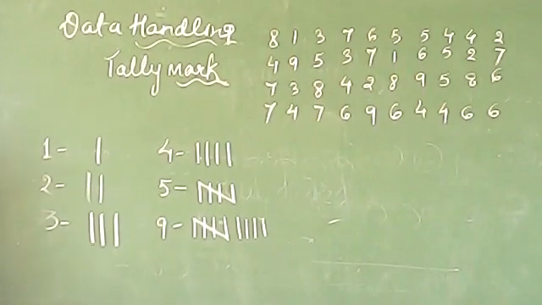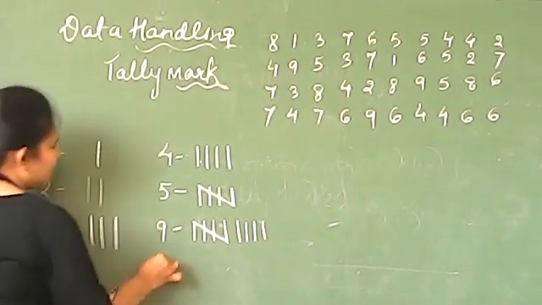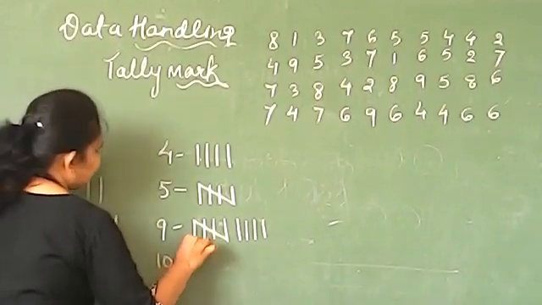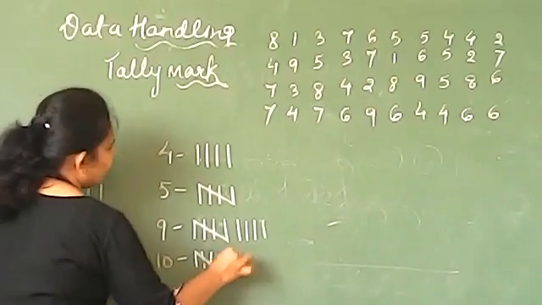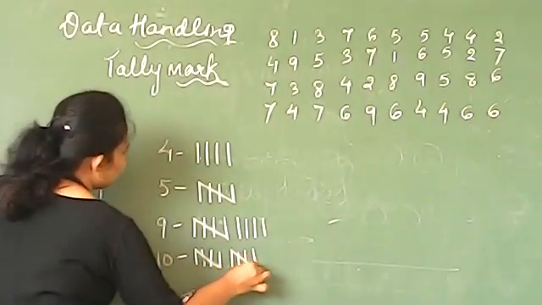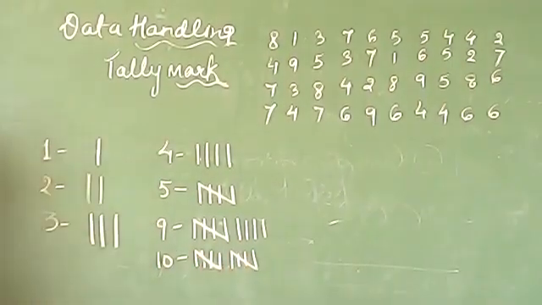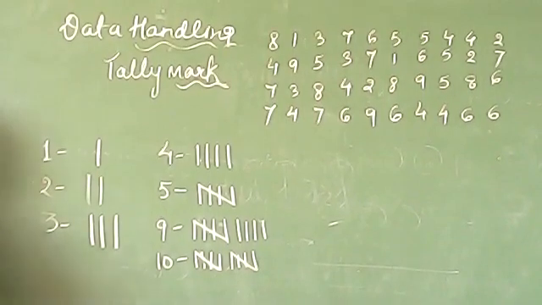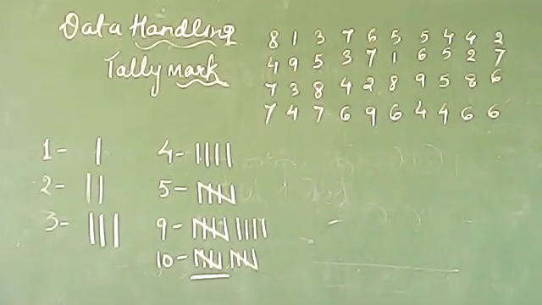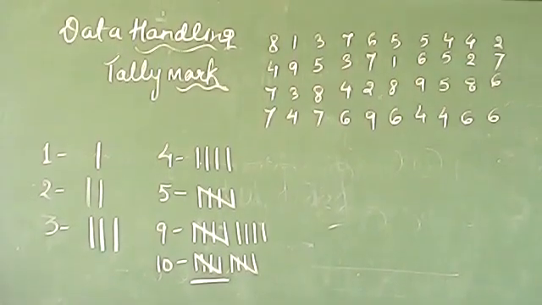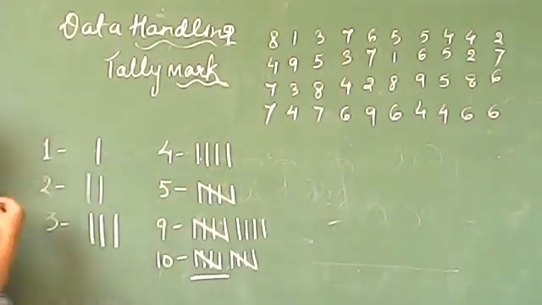And in the same way, if we have to represent 10, we write 1, 2, 3, 4, 5, 1, 2, 3, 4, 5. This is a total of 10. Remember, this is always a group of 5. This is known as telemark representation.